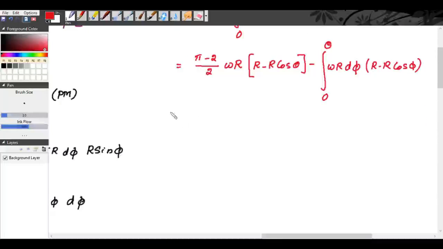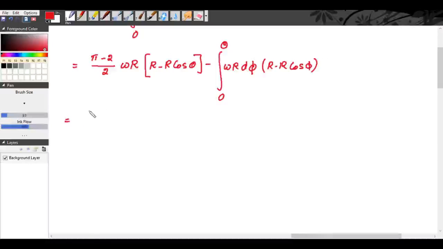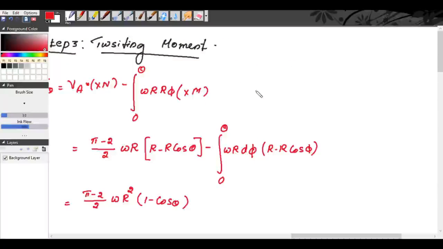So we get this is equal to (pi minus 2) by 2 WR square. You can take one R out. So WR square into 1 minus cos theta. See, sorry, one mistake.